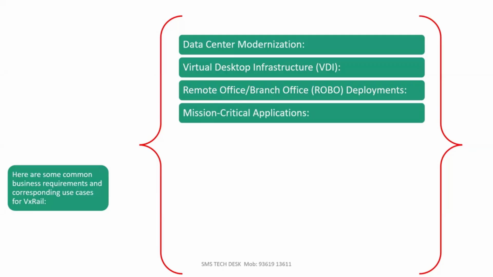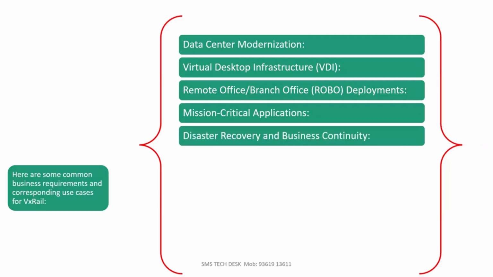Suppose I already have a traditional VMware environment, but I'm going to change the cluster of my mission critical applications to a VxRail cluster. There are possibilities the customer may choose this. Also, if I'm already running a VMware environment but I need a disaster recovery site, we can use VxRail then as well.